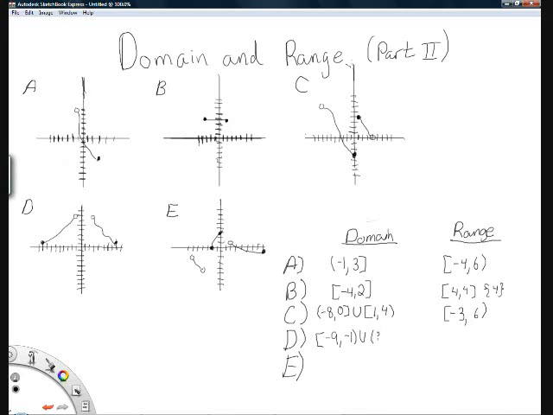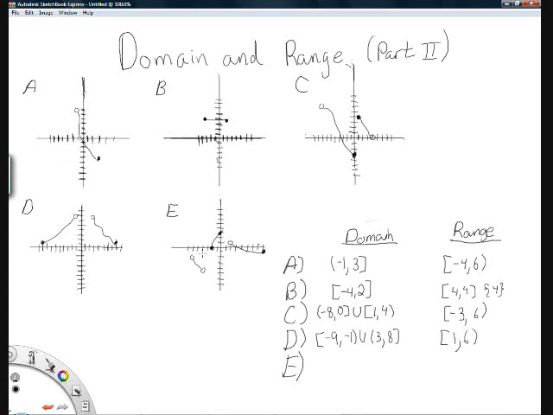So parentheses 3, comma 8 bracket. For the range on this one, they both go from 1 to 6. And both of them have closed dots. So therefore you'll have bracket 1, comma 6 bracket.